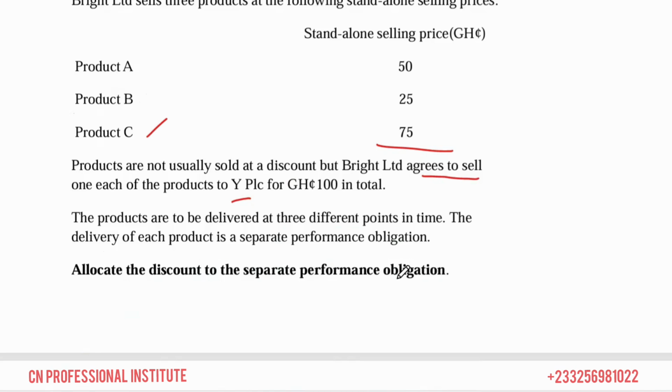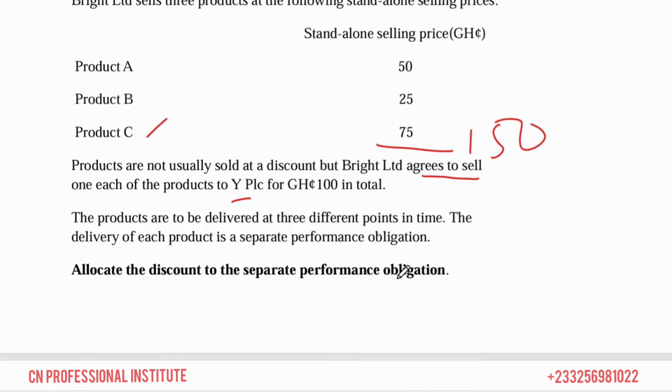Are you following? Then 100 plus 50 should give us 150. So we have 150 as our sum of the standalone selling prices.